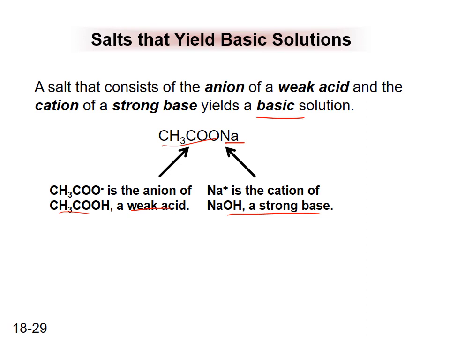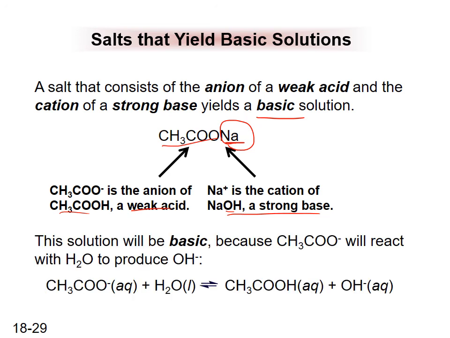There's no equilibrium between the base and the sodium ion, so sodium ion does not react with water. On the other hand, acetate reacts with water, abstracts the hydrogen from water to go back to the acid, and at the same time water becomes hydroxide.